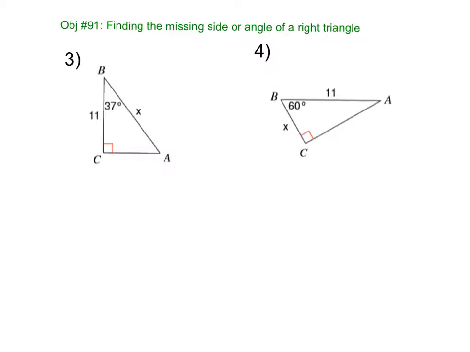All right, now we're going to find a side. Pause the video, try these on your own. You should be able to do these by now. So we have our hypotenuse, we have our opposite, and our leftover is our adjacent. So we have nothing where the O is. So we have SOHCAHTOA.